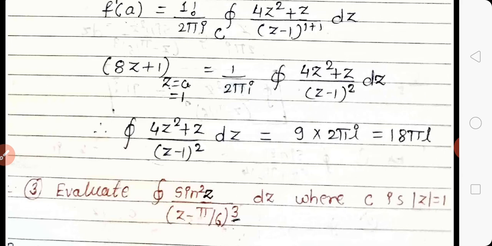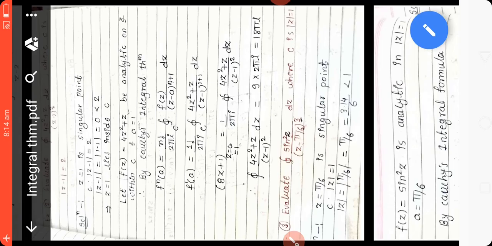In this way, by using the Cauchy's integral formula and by using the differentiation formula, we can calculate the value of integration. We use Cauchy's theorem when the function is analytic on and within a closed curve C. We use the integral formula if you have any one point which lies inside the curve C, which is the singular point, that is, at which the function is not analytic.